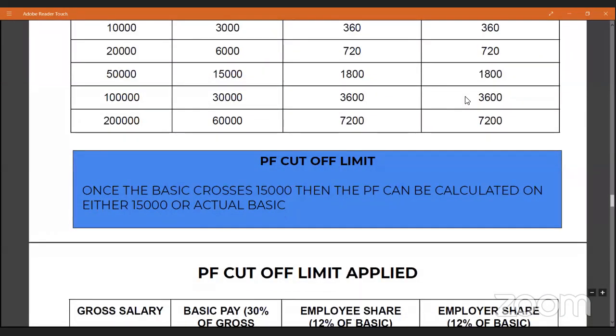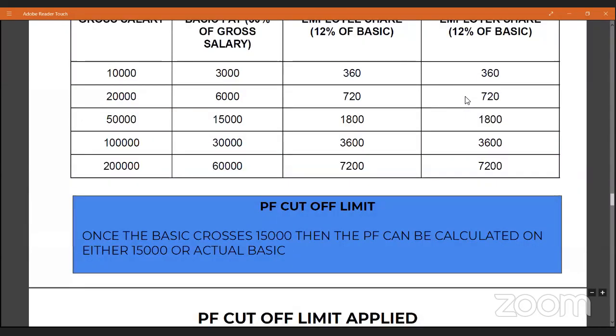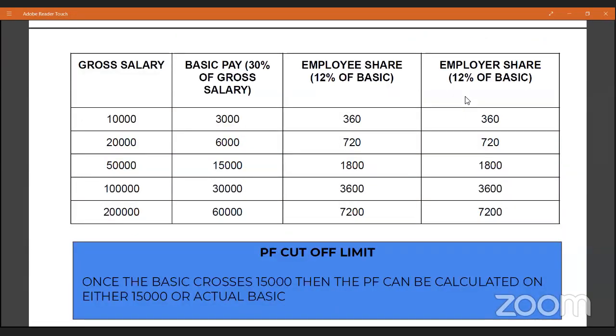Once the basic crosses 15,000, the PF can be calculated on either actual or assumed basic, which means the employer has the right to choose between the two, right? Most of the time they will go for the cutoff limit, to reduce the cost burden on the employer. But sometimes, yes, they can go for actual also. It is completely an employer call, right?